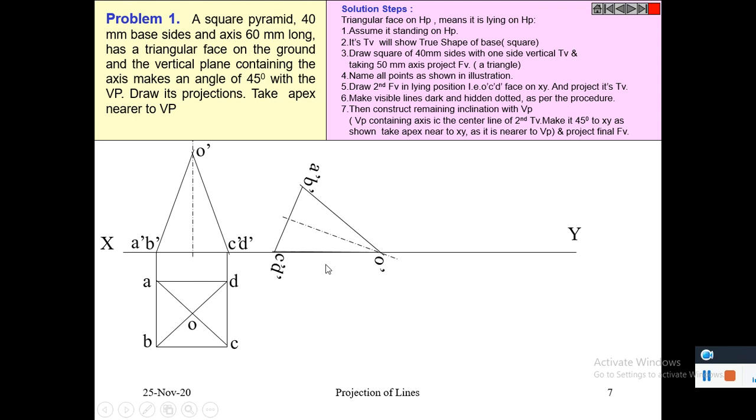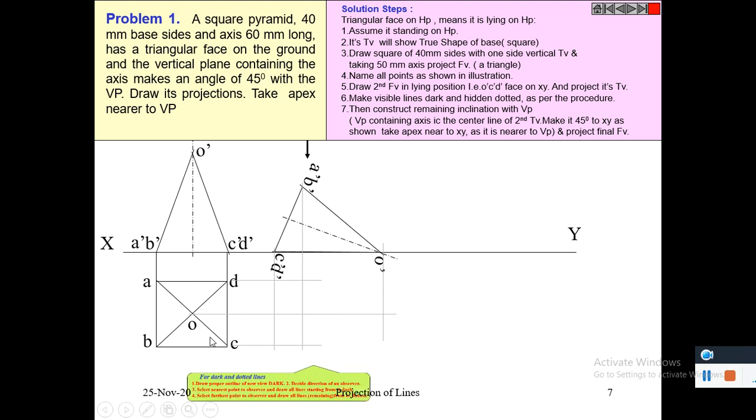So it is slanted, or the second figure is the reproduction of the front view of the pyramid in lying position. And draw its top view, combining the projections from this view and the top view of the first method.